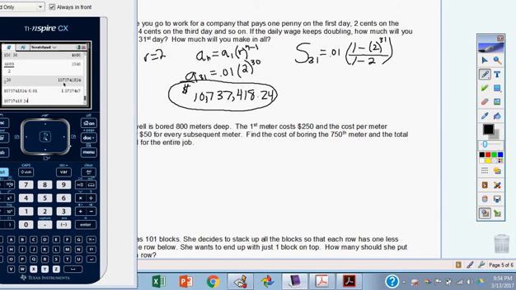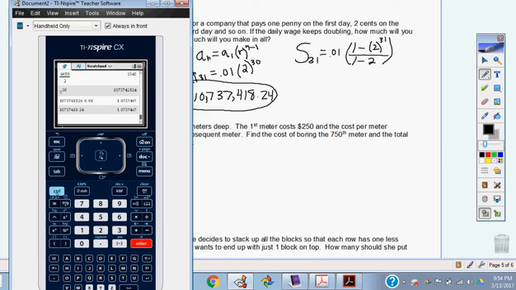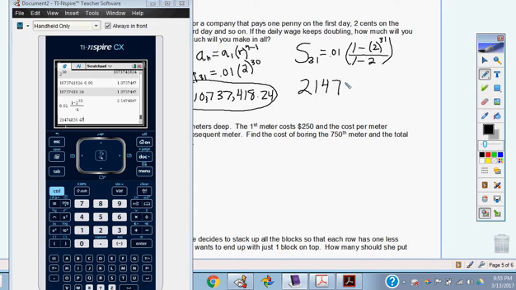So when we fire that into our calculator, obviously even more money. 2147483.647.